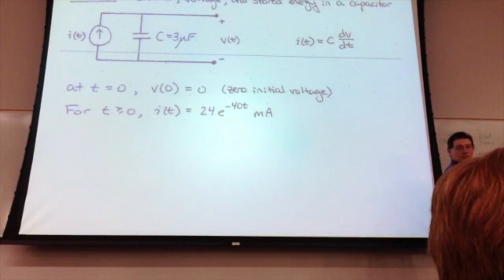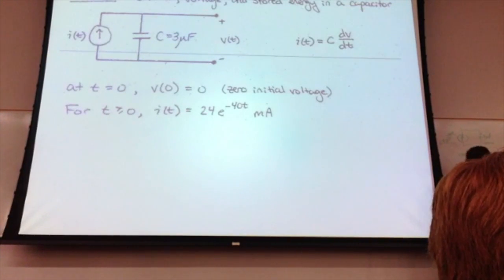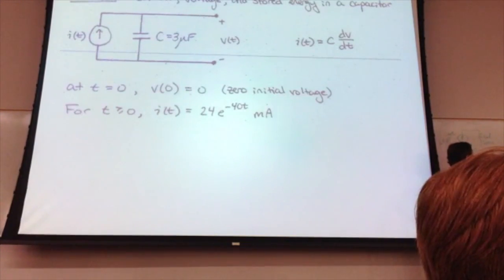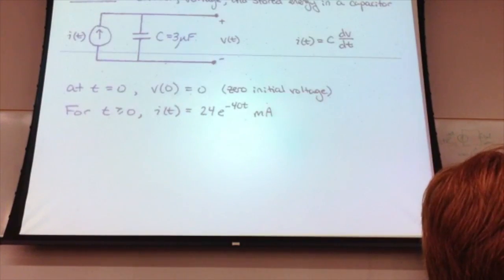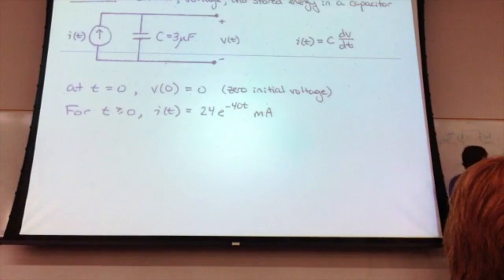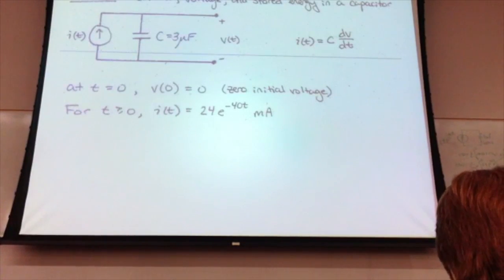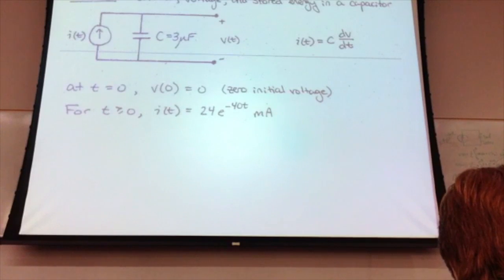What do you get? Minus what? Minus 200. Oh, the whole thing, even with the 10 to the minus 3. Okay, minus 200. All right, so this becomes minus 200 times e to the minus 40 times t.